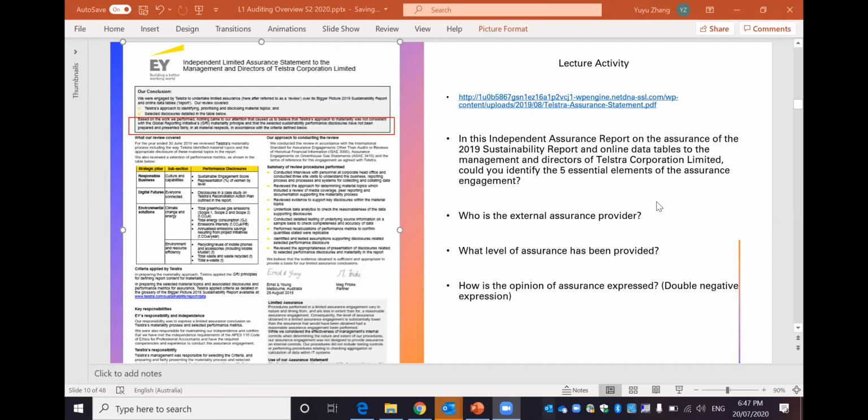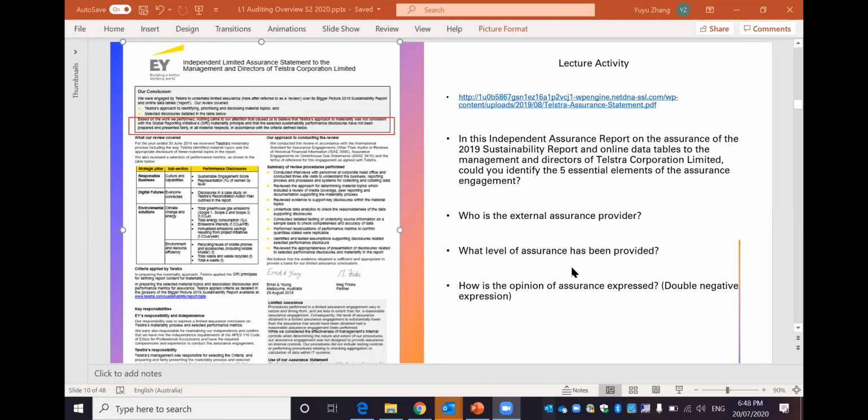So that is the independent limited assurance statement to the management and directors of Telstra. In this report, I believe you could also identify those 5 essential elements. So just please do that after class. But in this case, who is the external assurance provider? EY. So the biggest brand here on the page, right? Okay.